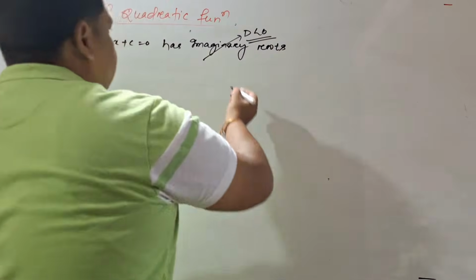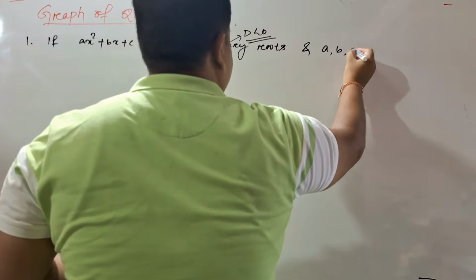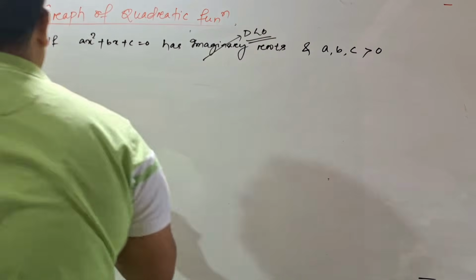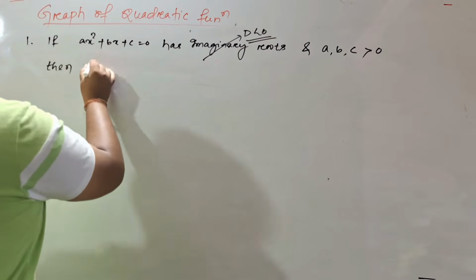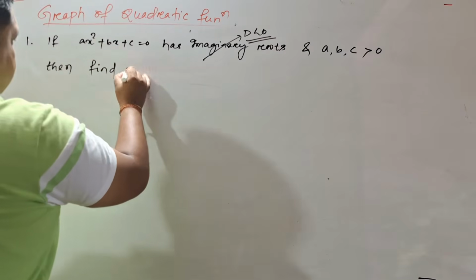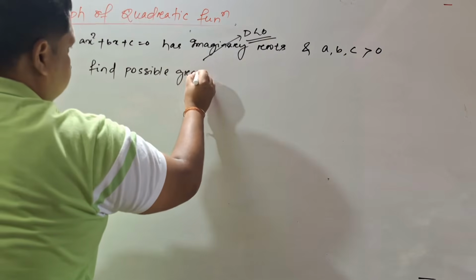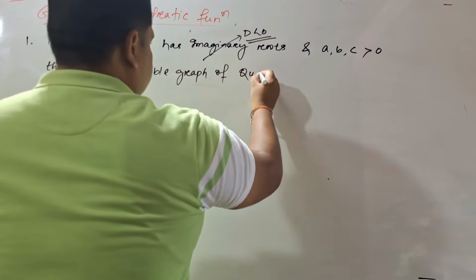So if it has imaginary roots and all the parameters of the quadratic equation are greater than 0, then find the possible graph of the quadratic function.